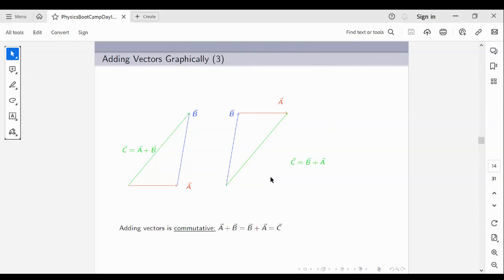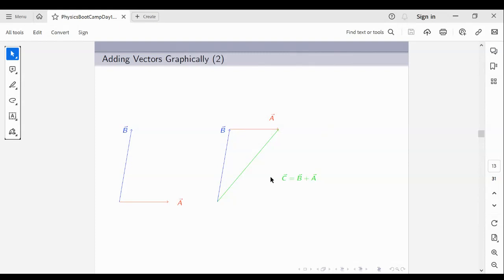So let's not make b negative. Let's start out with a and b sharing tails. And then let's move the tail of b to the head. Let's move the tail of a to the head of b, and then complete the triangle.